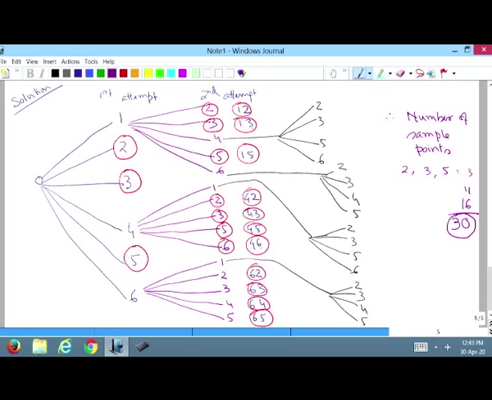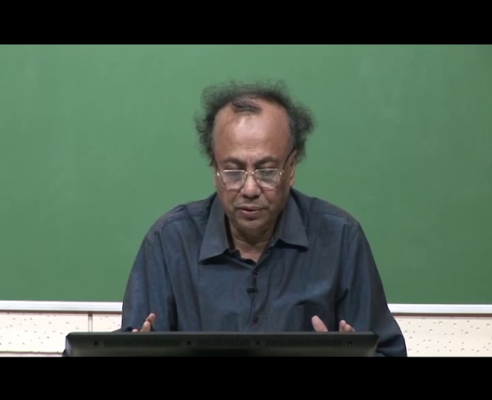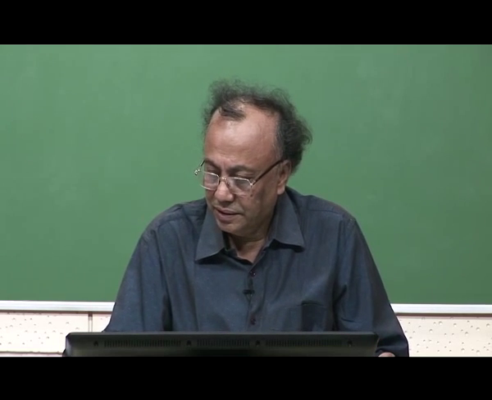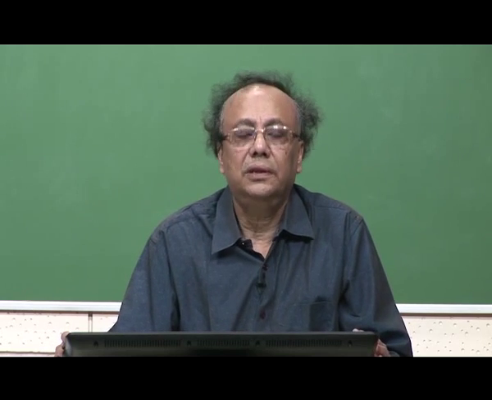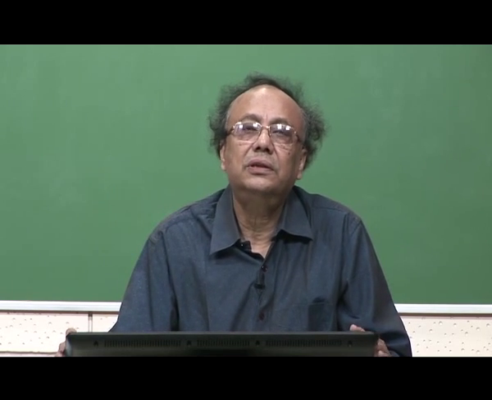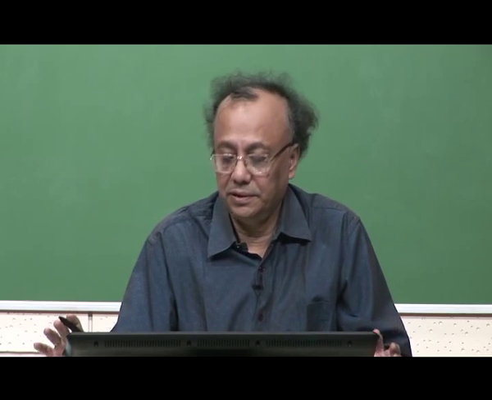I am not doing it, but you can easily understand the point here is going to be 1 4 2, 1 4 3, etc., and like that you can compute the entire set of 30 possible outcomes that we can get for this random experiment.